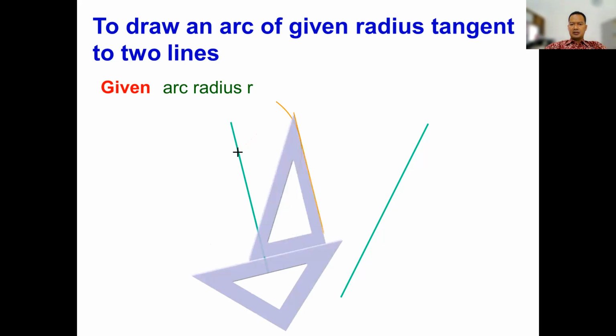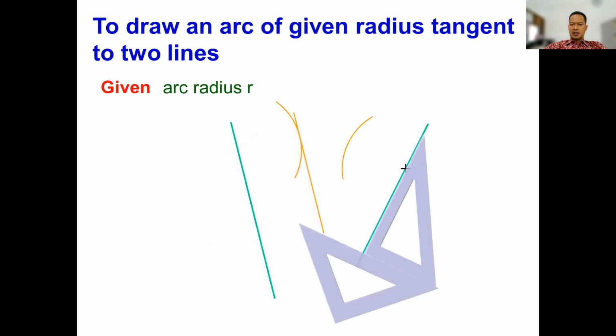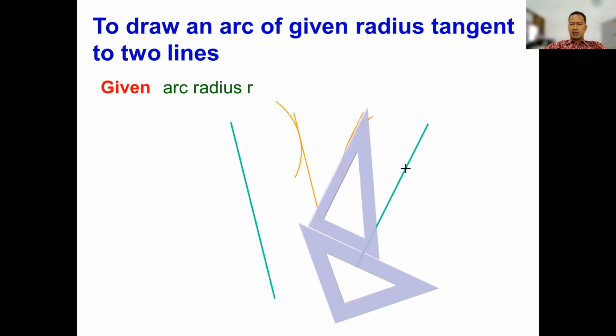tangency line, and another point with the R radius. Also, you can continue to create parallel and tangency to the arch. Then you will get the intersection points.